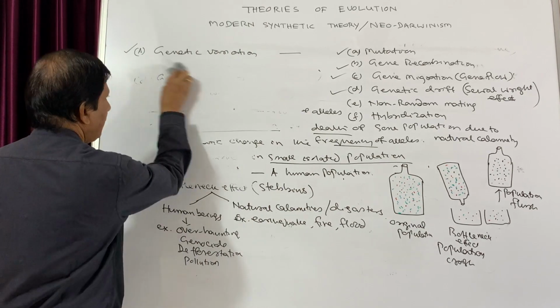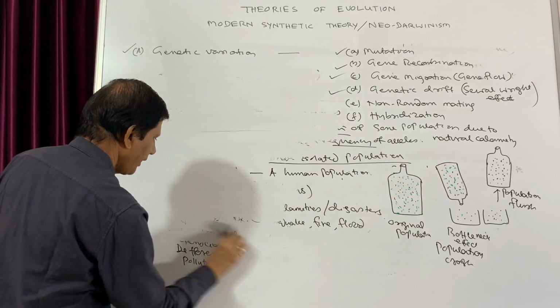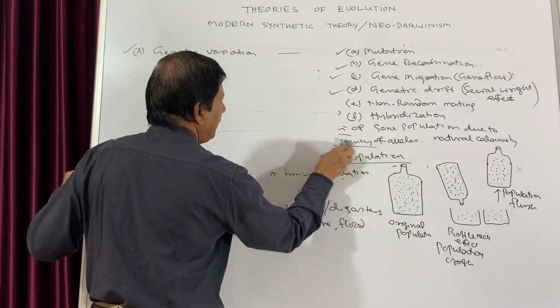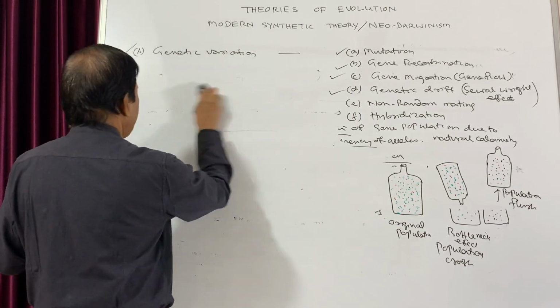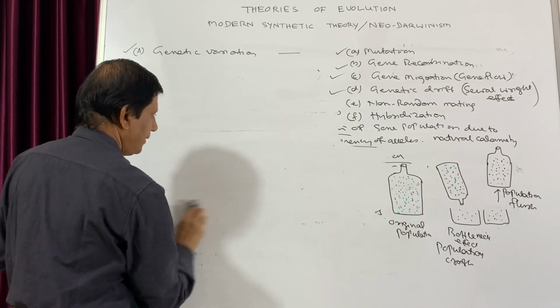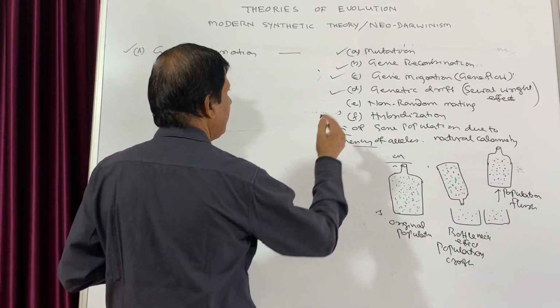So the next point is non-random mating. Non-random mating means mating with only certain selected traits. Now we'll discuss non-random mating.